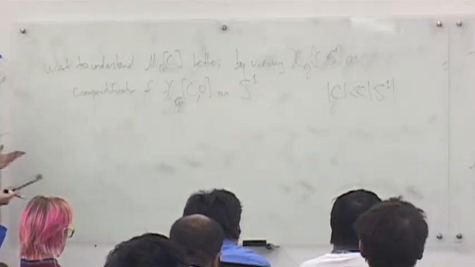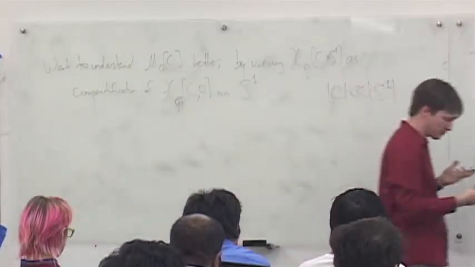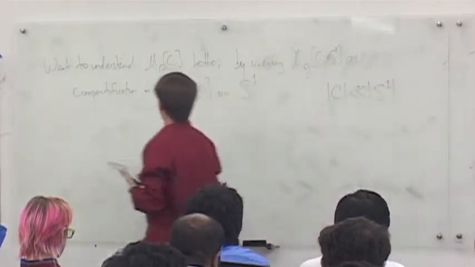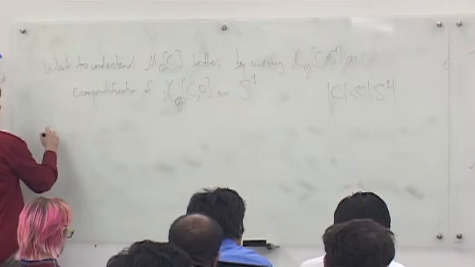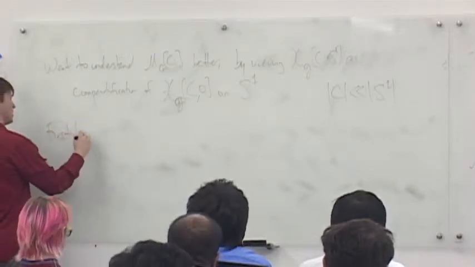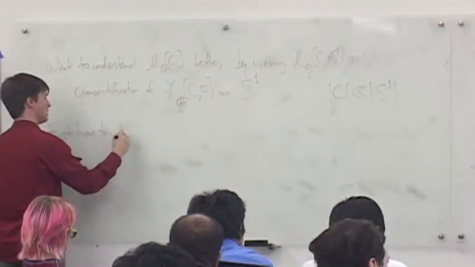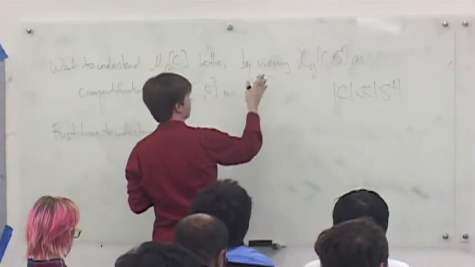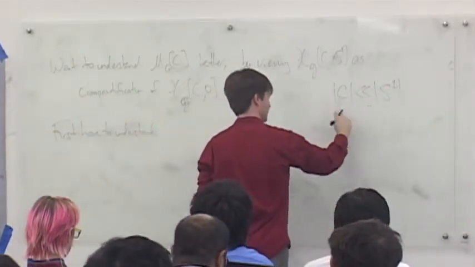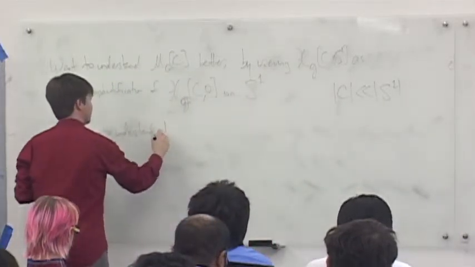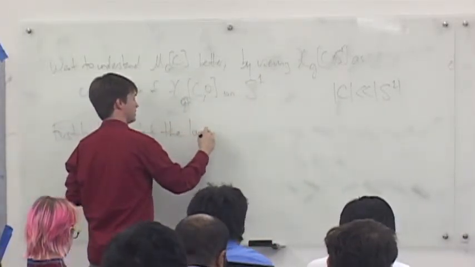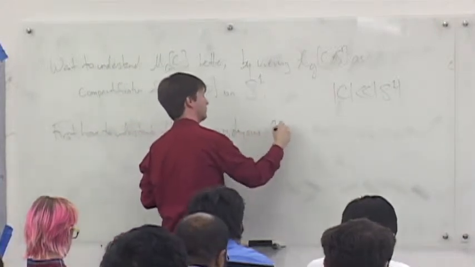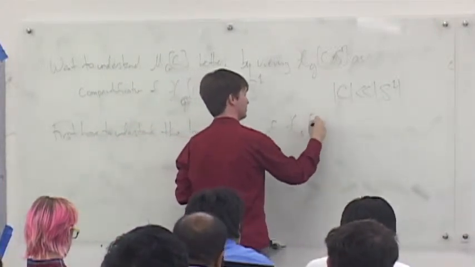So let's try to understand that. In order to understand that, we have to first understand the low energy physics of this compactification with things set up in this order. To do that, we have to first understand the low energy description of X_G of C itself.